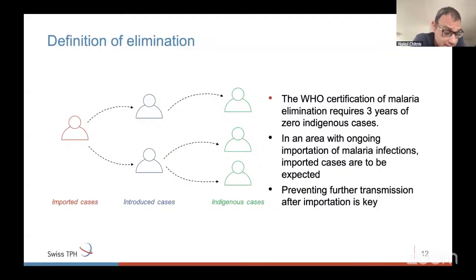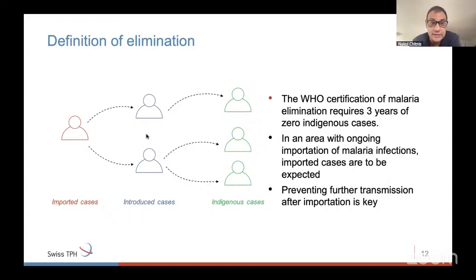If a mosquito bites an imported case, gets infected and infects a person in Zanzibar, this is a locally transmitted case, but it's essentially just one step removed from an imported case. These are called introduced cases. And if a mosquito bites an introduced case, gets infected and infects someone else, that would be an indigenous case.